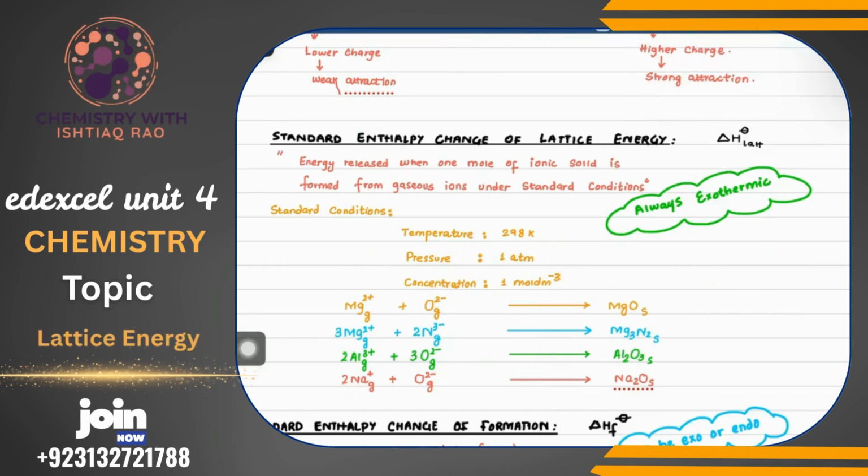If we have these conditions, then we will call this the standard enthalpy change of lattice energy. And if we have a temperature other than this, it may be 300 Kelvin, 400 Kelvin, or 100 Kelvin, it means this is going to be the normal lattice energy.